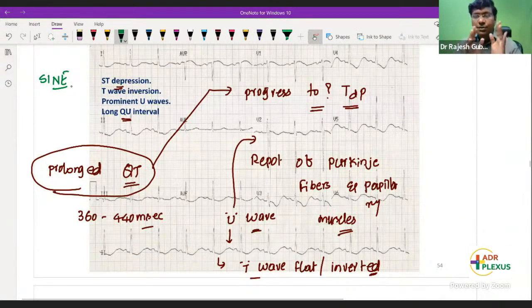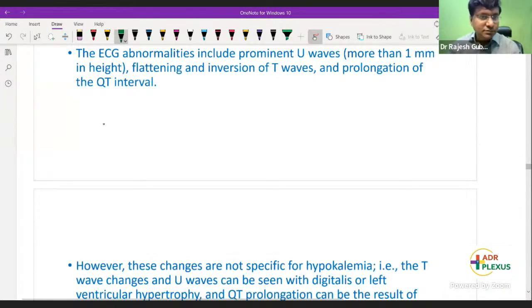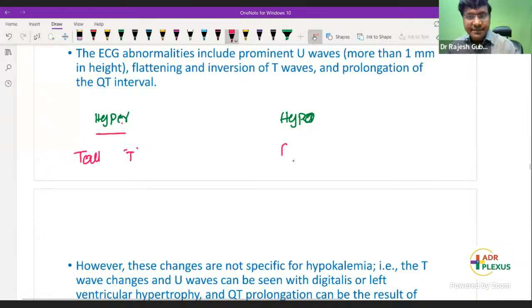Now I'll just summarize both of these so that it will be comfortable. Hyperkalemia and hypokalemia. In hyperkalemia, you have tall T wave, whereas in hypokalemia, you have flat T wave. In hyperkalemia there is no U wave, but here you have the presence of U wave.